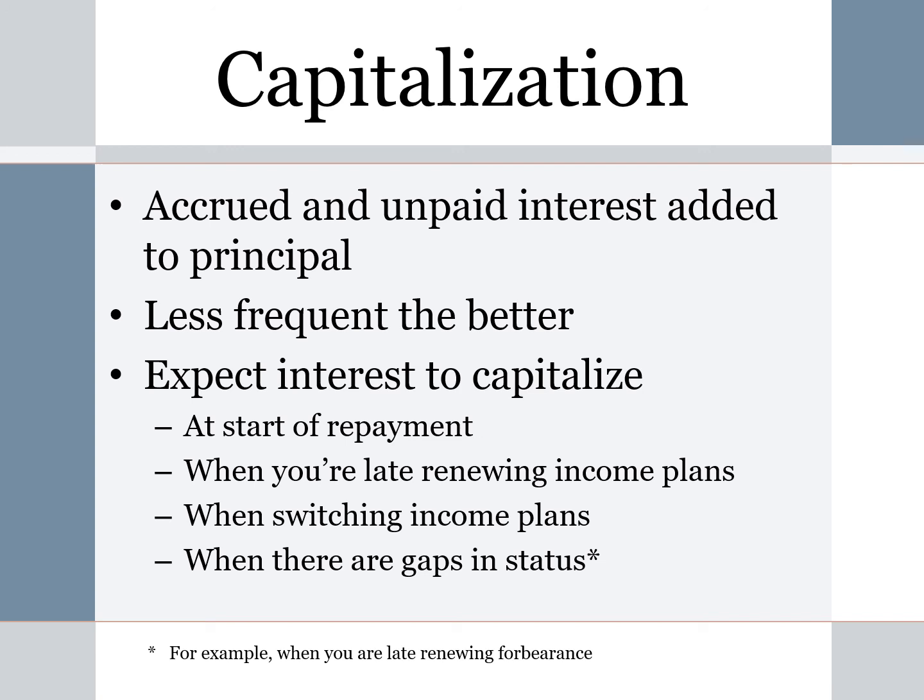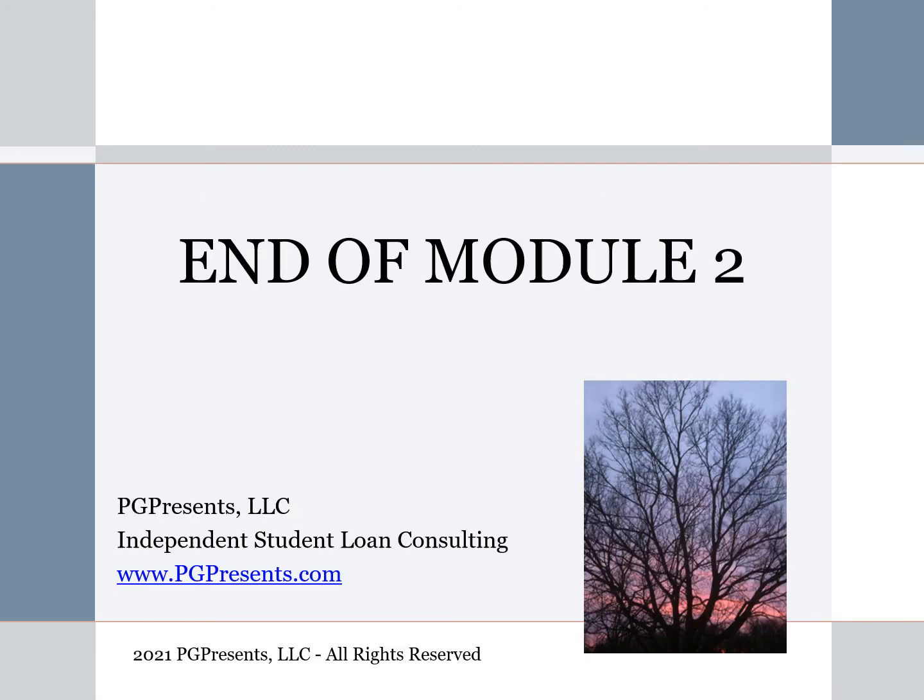So once again, capitalization, not a good thing. Try and control what you have some control over to reduce when this would happen. It's going to happen at repayment, but if you're using an income plan or you are using a forbearance, be sure you meet all the deadlines that you are given by your loan servicer for renewing an income plan and renewing any postponement options you are utilizing. This is the end of module number 2.